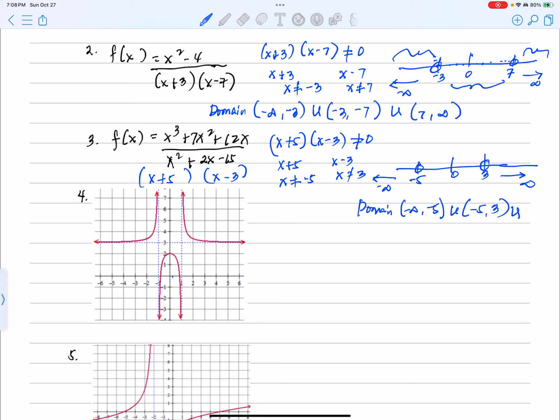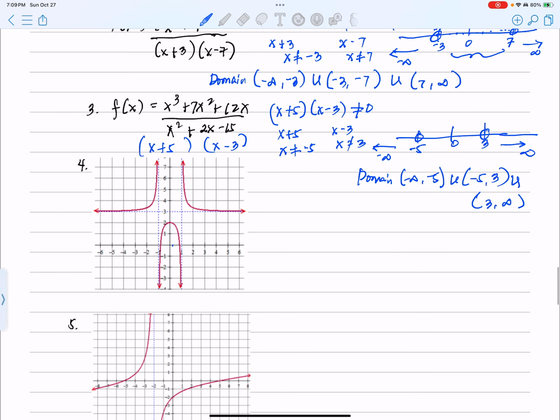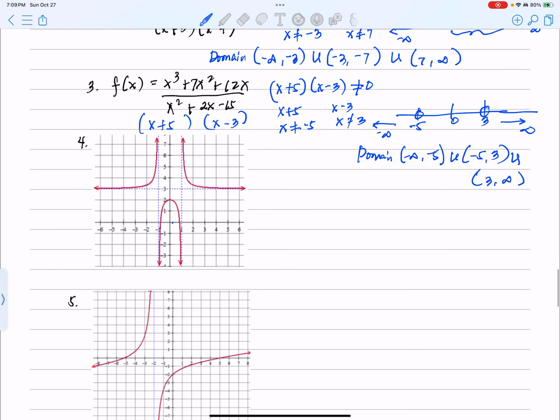And 3 to positive infinity. 3 is also excluded, because if you plug in negative 5 and 3 to the function, the denominator would become 0. Okay. We'll find the end behavior. The domain in this case, okay.